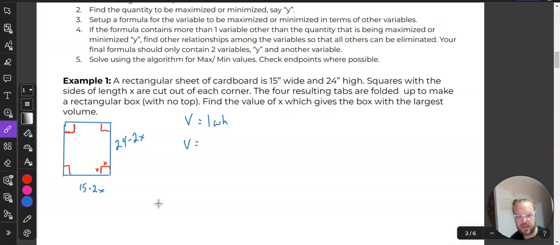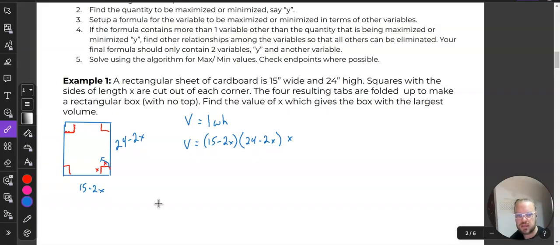My length is 15 minus 2x. The width now is going to be 24 minus 2x. And I know that the height of this thing, now that we've turned it into a box, is going to be x, because when we fold these things up, the height will be whatever x was.